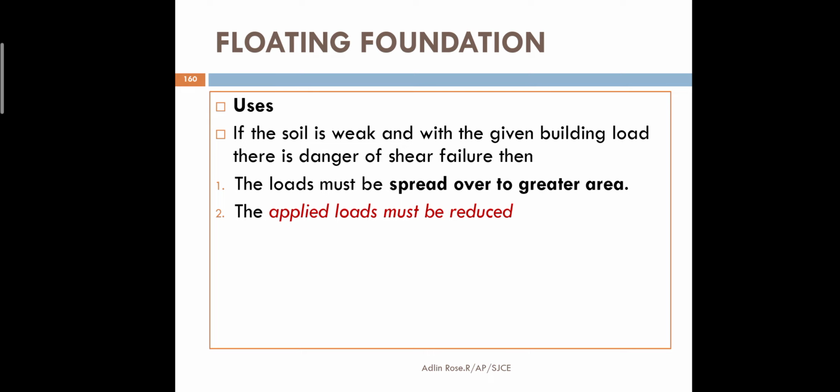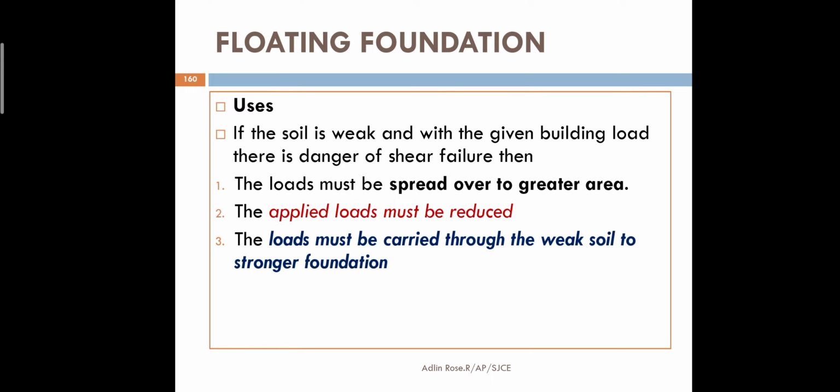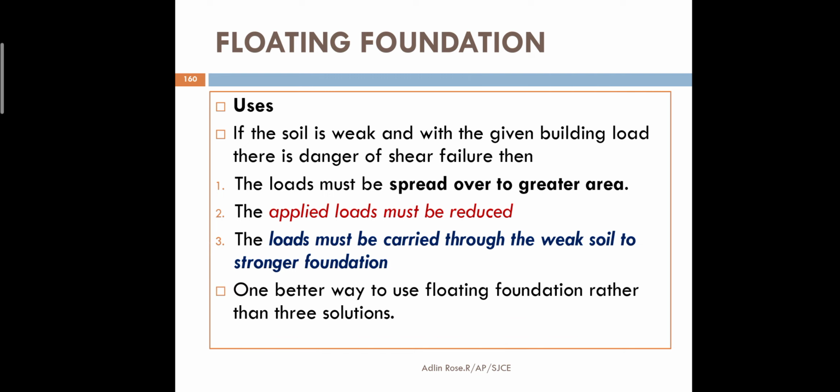The idea is that however big a house you build above the ground, you build a house inside the soil. Okay, so the applied loads will be reduced and the load will be carried to the weak soil through the stronger foundation. Okay, this is one of the best ways to use a floating foundation rather than other solutions.